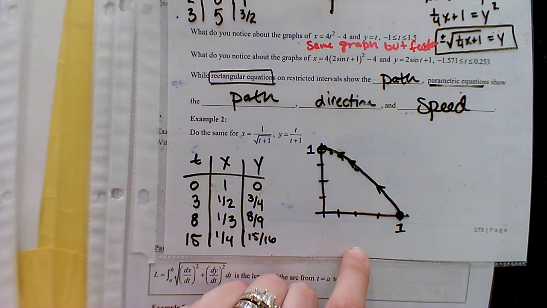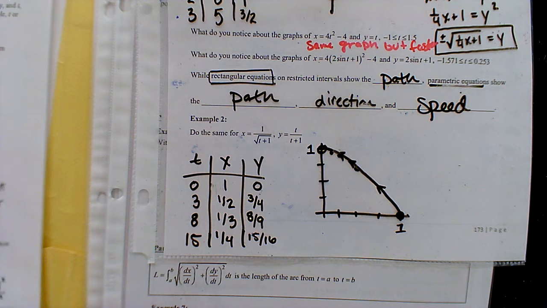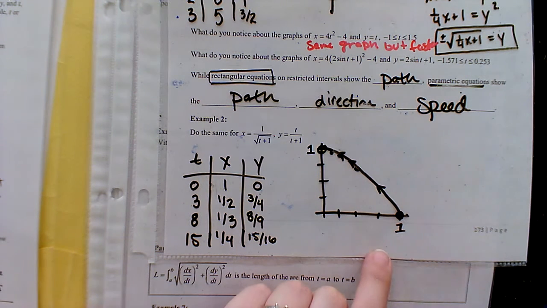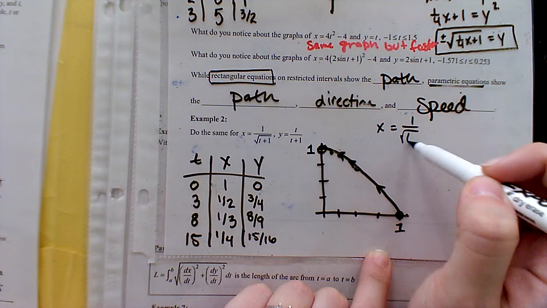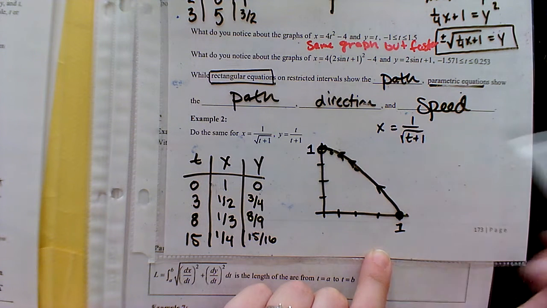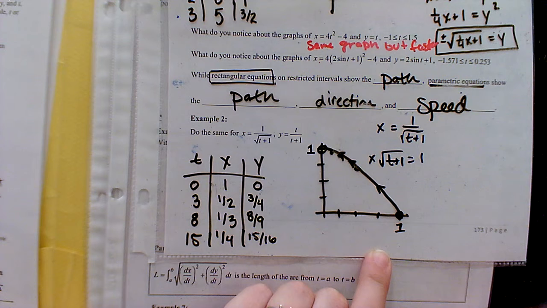What do you guys think? Let's do the x one, yeah. Okay, so we'll start with x, and then we want to get the t all by itself, so maybe we'll multiply that square root over.